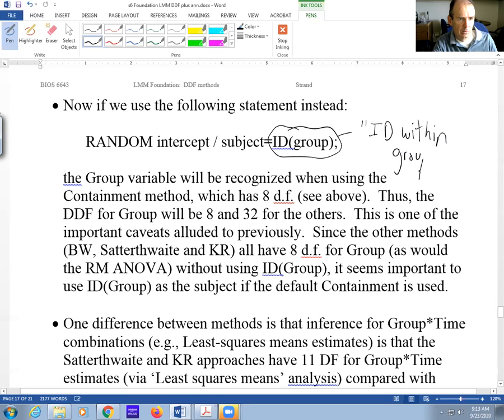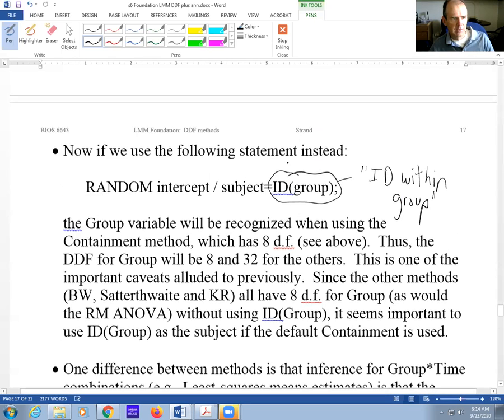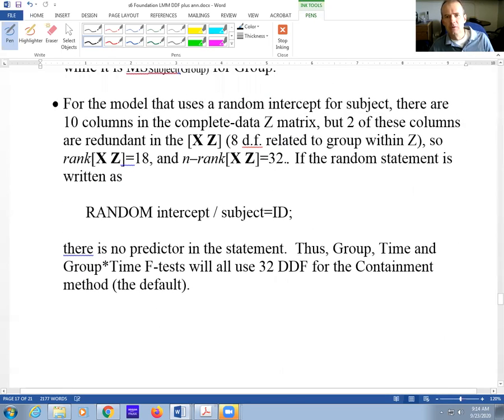That's the SAS notation for that. So really, to get the accurate degrees of freedom, if you're going to go with the default method, use this approach. If you have multiple groups and a bunch of subjects in each group, you're going to get a better estimate of degrees of freedom specifically for that test for group if you use this approach as opposed to this approach.